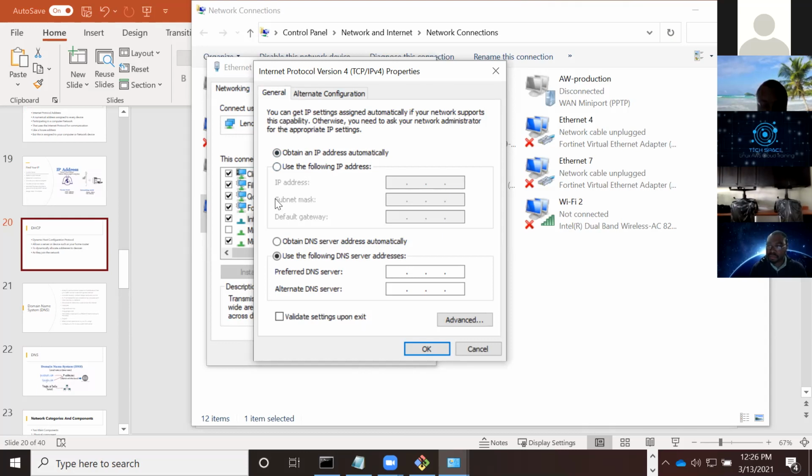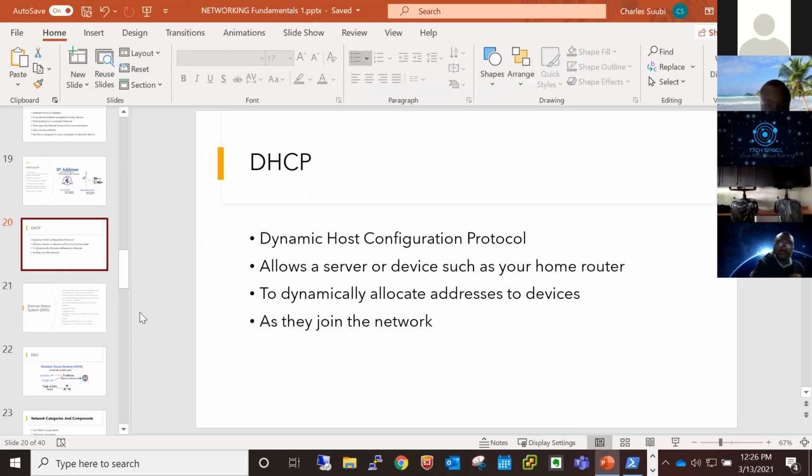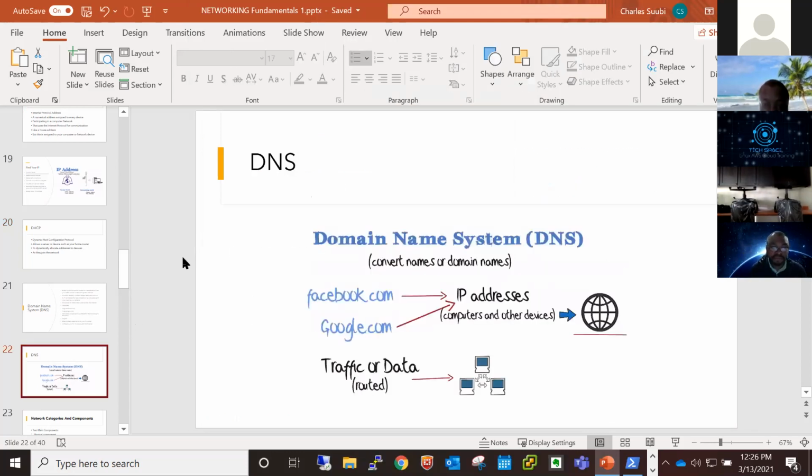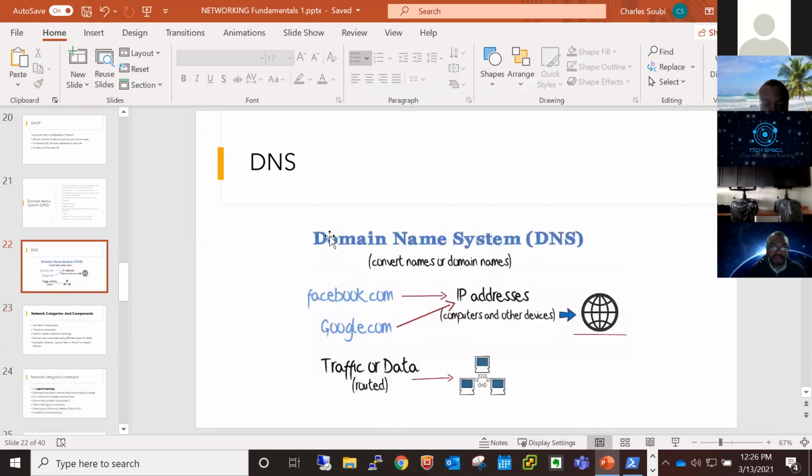Let's leave this page alone right now. Let's talk about DNS. Guys, when we did a ping on facebook.com, it resolved to a particular IP address, right? Yes.